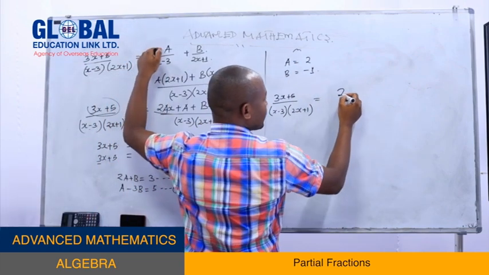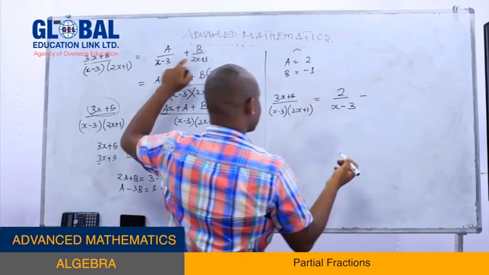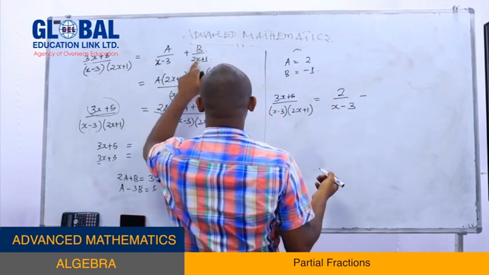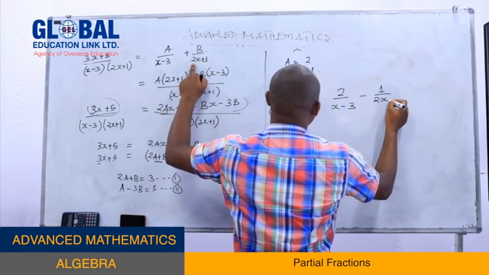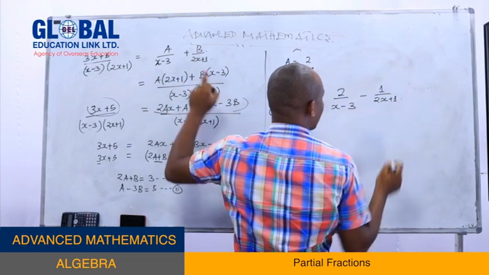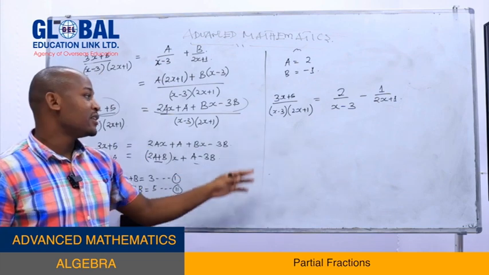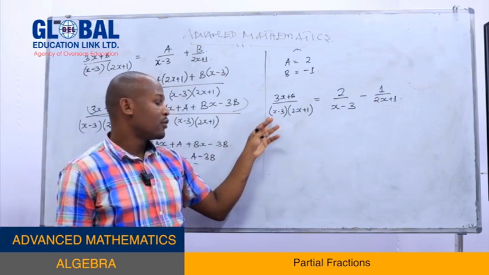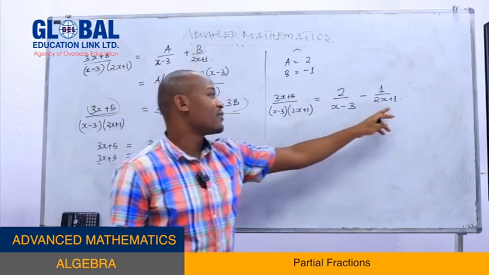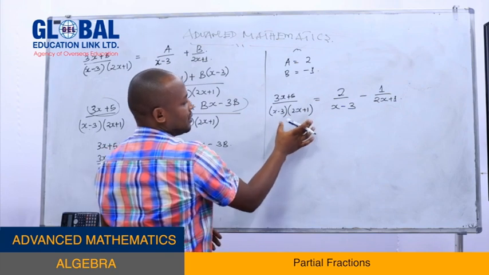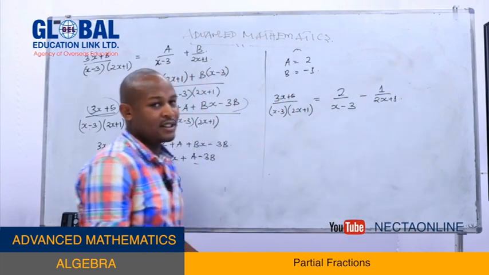Our A is 2 over x minus 3, minus, because our B is negative 1, minus 1 over 2x plus 1. So, up to this point, we have already decomposed the function from this form to that form. That means we have decomposed this a little bit complex function, but not that much, into simple parts.